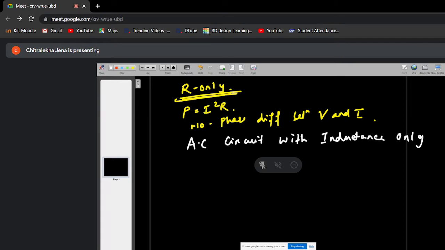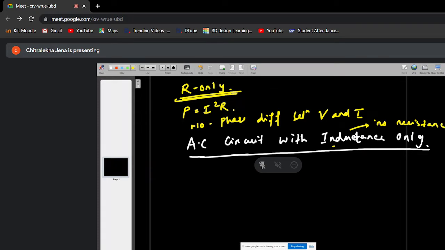When you are writing AC circuit with inductance only, it means this is a pure inductor. Listen, all of you, this is a basic difference. AC circuit with pure inductance only implies there is no resistance. In the circuit, you will not connect any resistance.